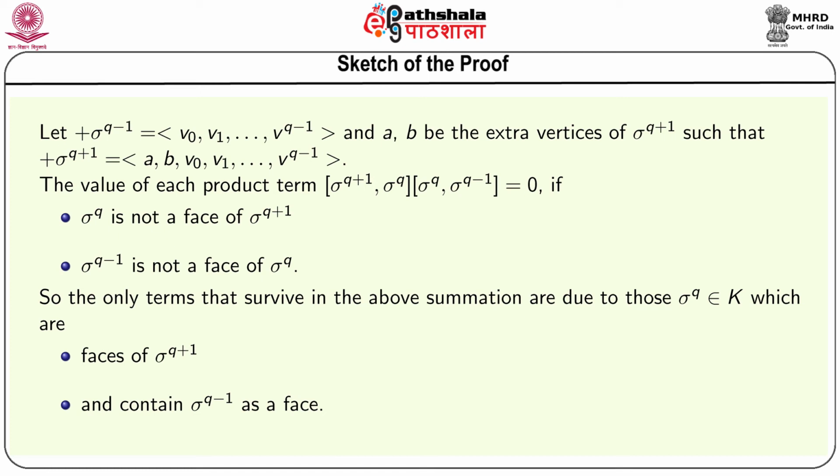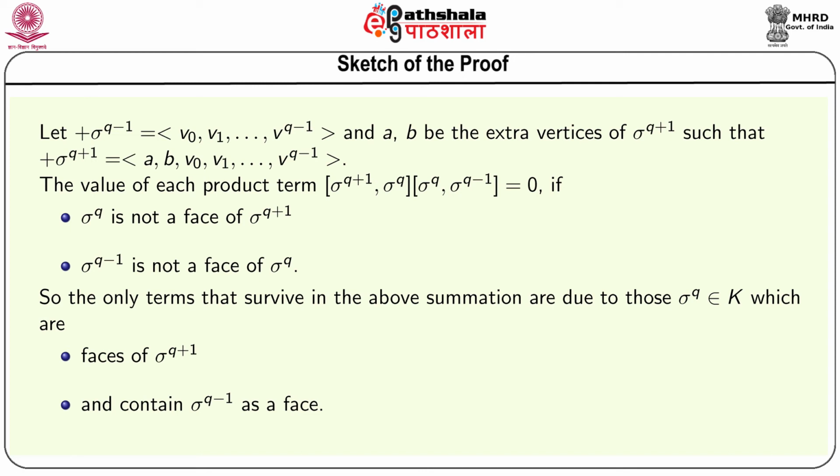The value of each product term, the incidence number of sigma q plus 1 with sigma q multiplied with the incidence number of sigma q with sigma q minus 1, is equal to 0 if sigma q is not a face of sigma q plus 1 or sigma q minus 1 is not a face of sigma q.